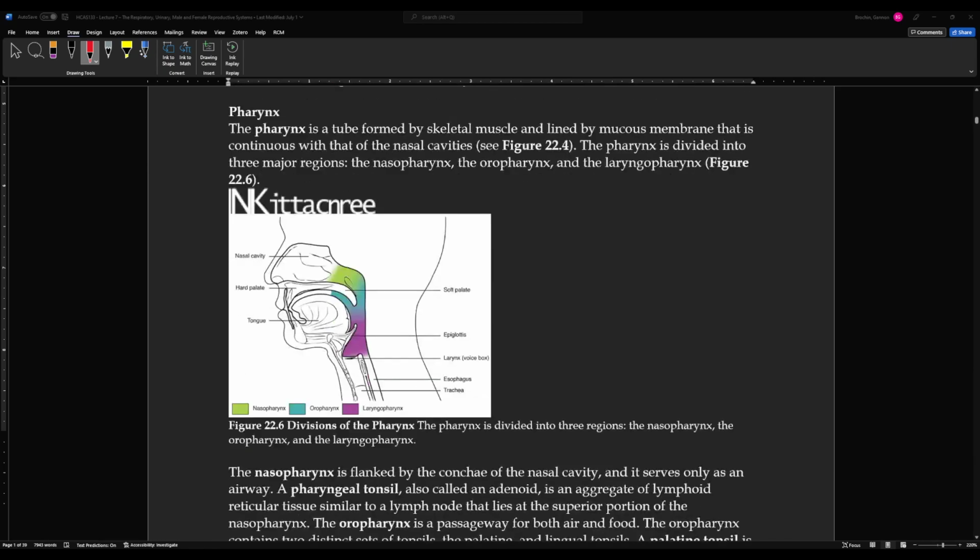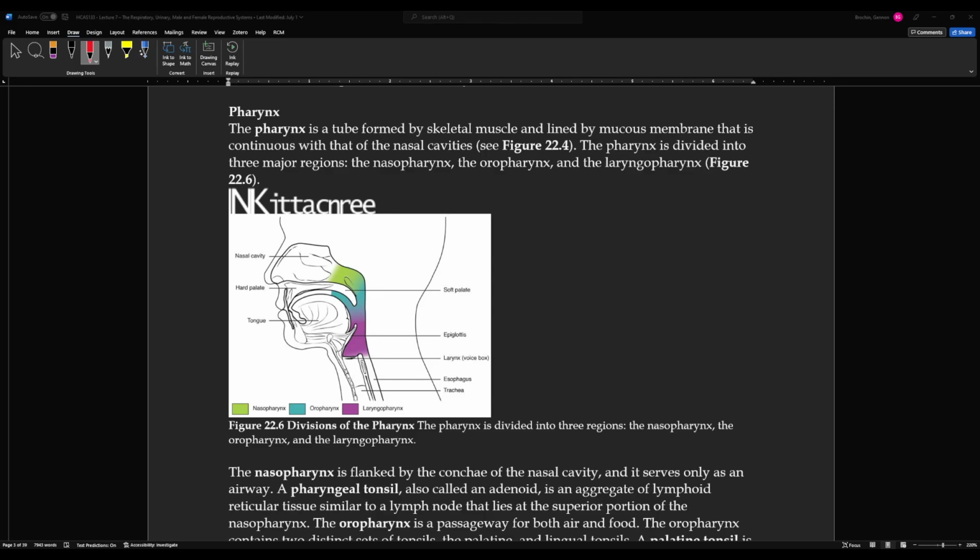As we move here, a big thing to talk about is the divisions of the pharynx. So there is the nasopharynx, the oropharynx, and the laryngopharynx. The nasopharynx, as it is named, is essentially the connection of the pharynx to the nasal cavity.